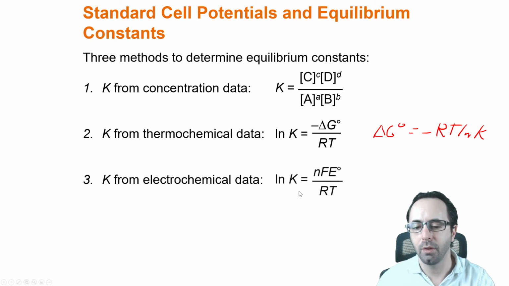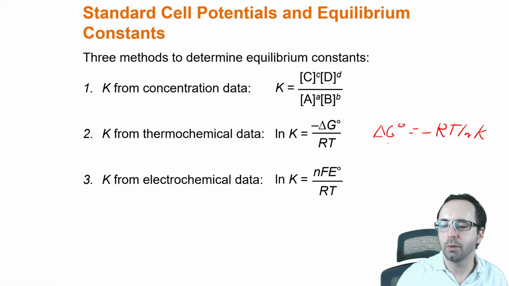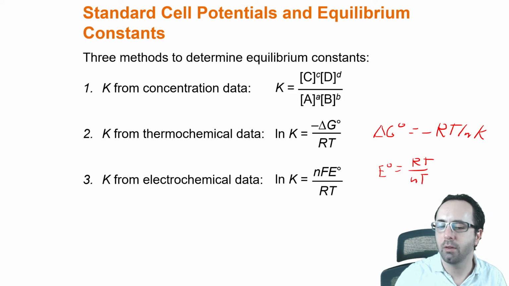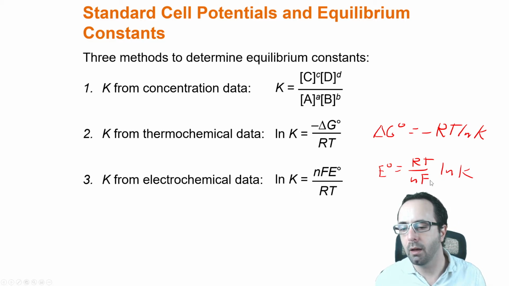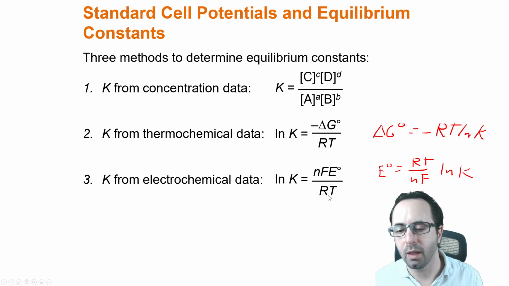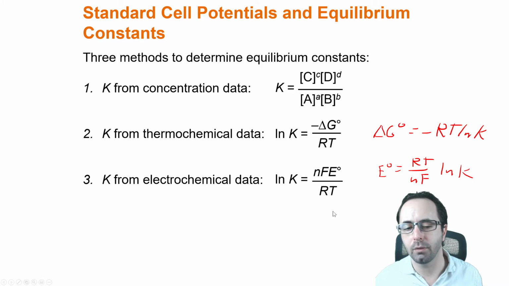This is from the equation we just had, which was E standard equals RT over NF ln K. If we solve this for natural log of K by multiplying both sides by NF and dividing by RT, we get that the natural log of K equals NF E standard over RT.